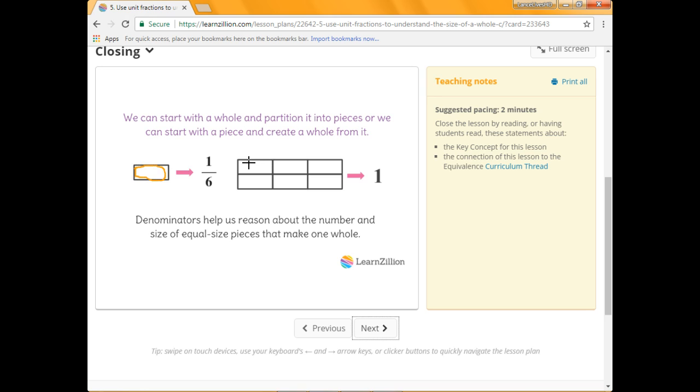And 6 of these equal one whole. It's basically what they're trying to tell us. So this equals this, but if we do it 6 times, because the denominator is 6, then it equals one whole.